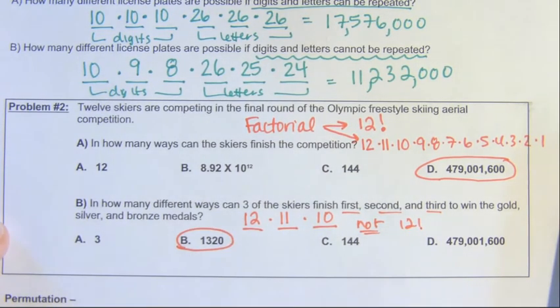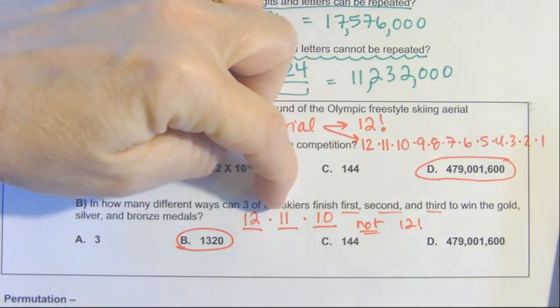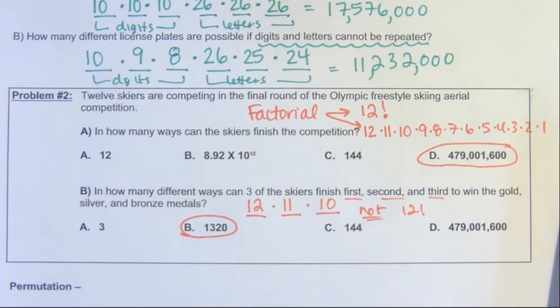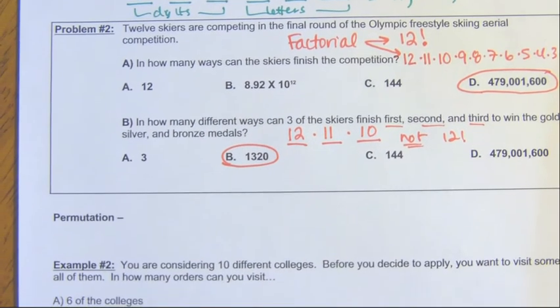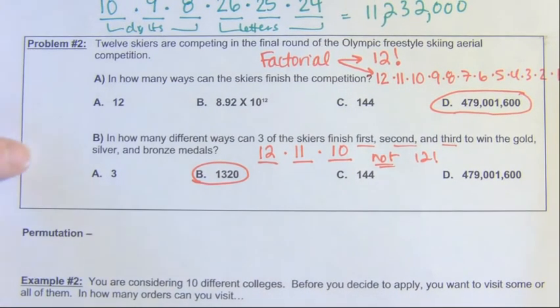That was this option. Now, there is something else we could have done with this, because what we have is 12 people, and only 3 of them are going to get first, second, and third place. Gold, silver, bronze. That is called a permutation.